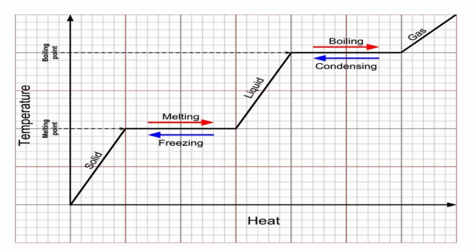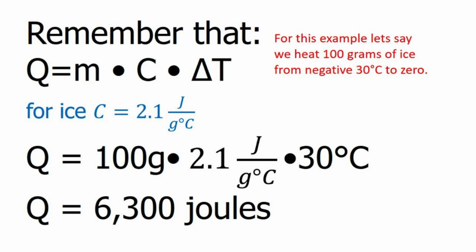So I'm going to start off with remembering that our thermal energy equation, Q equals mc delta T. In the case for ice, which we haven't done yet, C equals 2.1 joules per gram degree Celsius. So when I apply the formula, 100 grams, 2.1 joules per gram degree Celsius, and 30 degrees C, because we're going to say, for argument's sake, that the ice is 30 degrees below zero in the Celsius system.